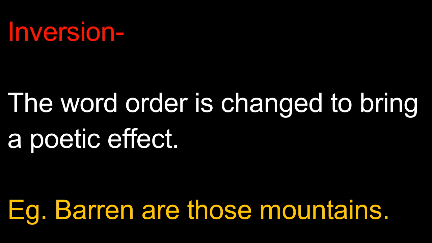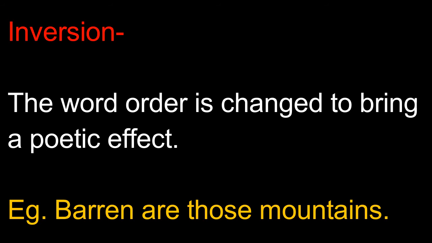For example, barren are those mountains. What will be the proper word order? Those mountains are barren. But for better poetic effect, it is said like that. This is the act of changing the word order, and it is an example of inversion. Wealth I seek not.